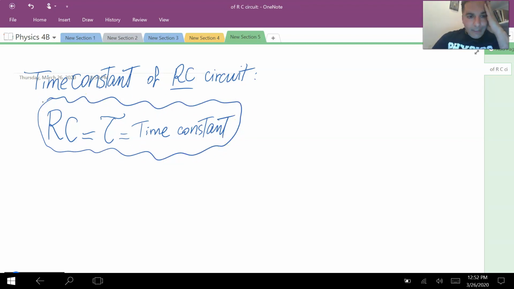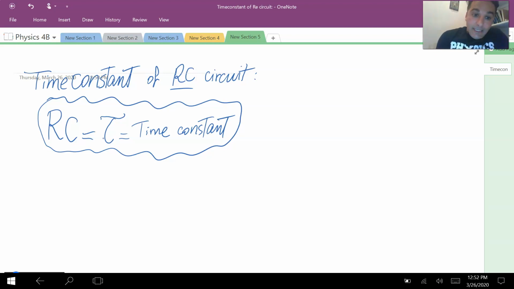Now, here comes this thing, guys: this is resistance, this is capacitance. How can the multiplication of resistance by capacitance become time? You know, in physics, if we want to write one equation, the left side must have the same unit as the right side.